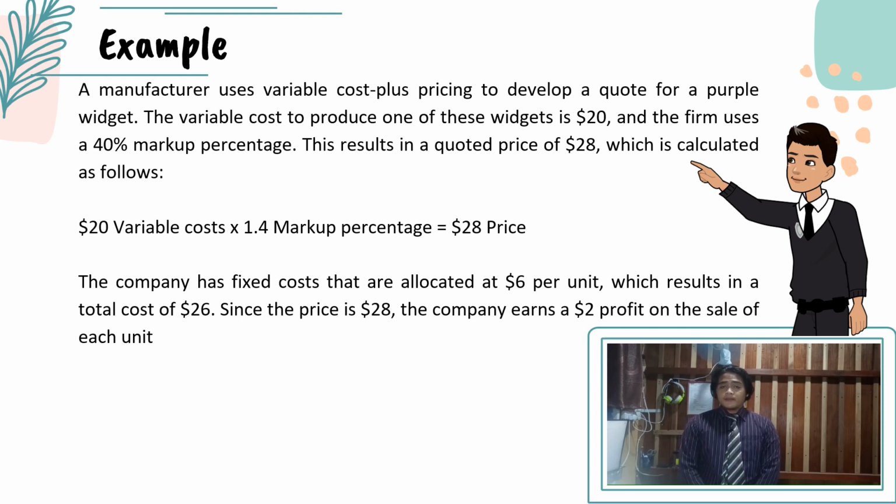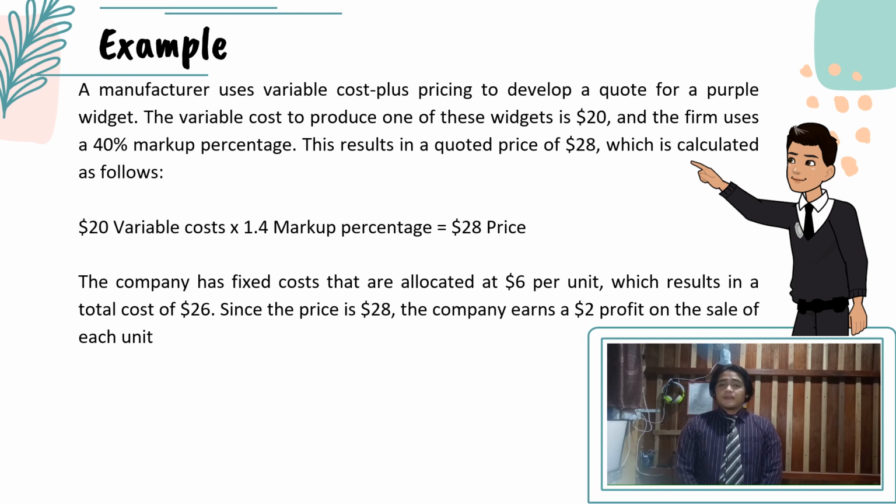Other than that, the company also has fixed costs that are allocated at 6 ringgit per unit. This brings the total cost to 26 ringgit, which is the variable cost plus the fixed cost, compared with the price that we got earlier, which is 28 ringgit.